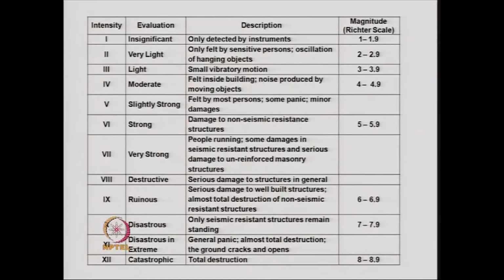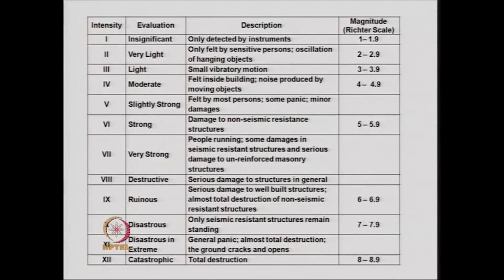Intensity 2 is evaluated as very light. It is only felt by sensitive persons. Oscillations of hanging objects are seen. The magnitude is about 2 to 2.9.